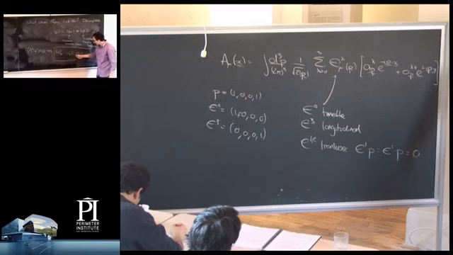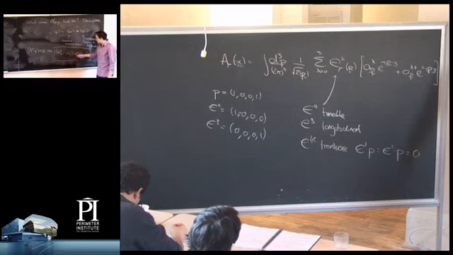This guy annihilates this on its own if this state contains no time-like photon of momentum p. And this operator does the same if this contains no longitudinal photon of momentum p. So if this guy has no longitudinal photon of momentum p, it also can't have any time-like photon of momentum p. That's what this says.